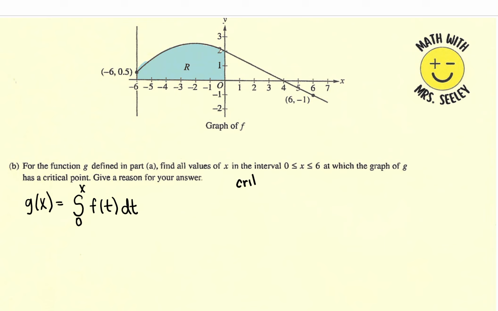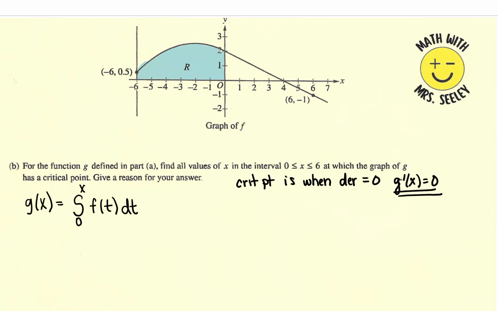A critical point is when the derivative is equal to 0. So that means when g prime of x is equal to 0. That's where we'll have a critical point.